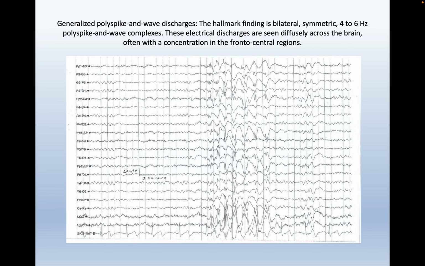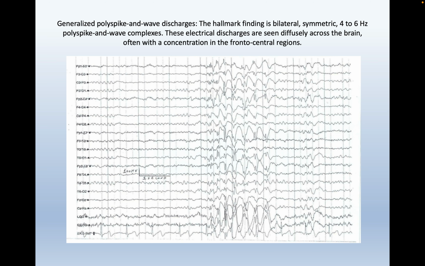If you search for this on an EEG, it is a generalized polyspike. You can find many spikes in every lead of the brain, so it is a generalized spike and wave discharge, with spikes followed by a dome everywhere in the brain, which is a hallmark finding.